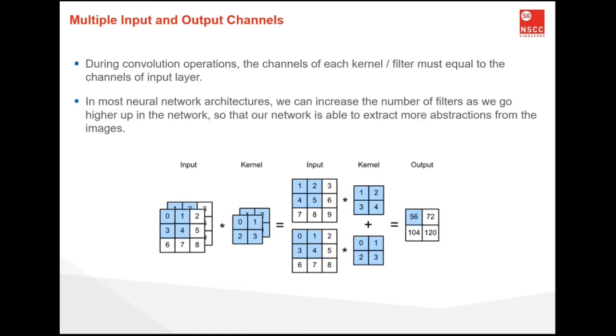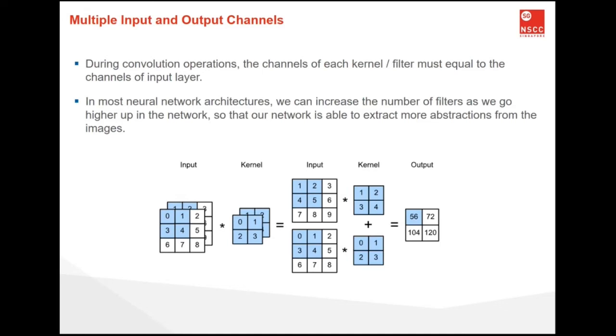Assuming that the number of channels for the input data is 2, the number of channels of the convolutional kernel also needs to be 2. Since the input and convolutional kernel each have 2 channels, we can perform a convolution operation on the 2-dimensional tensor of the input and the 2-dimensional tensor of the convolutional kernel for each channel.